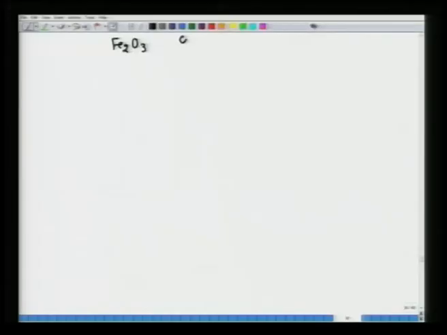We know that for Fe2O3, when Fe2O3 is a part of the iron ore, that is iron oxide, then O by Fe is 1.5.